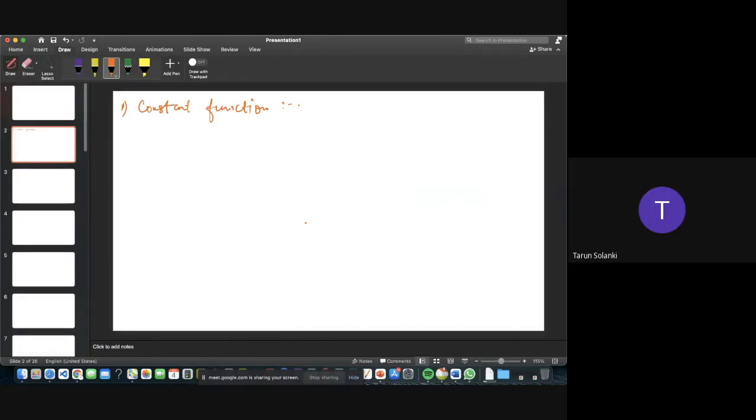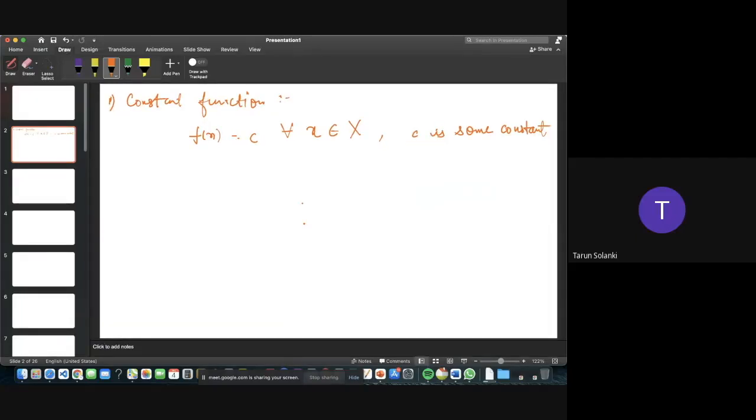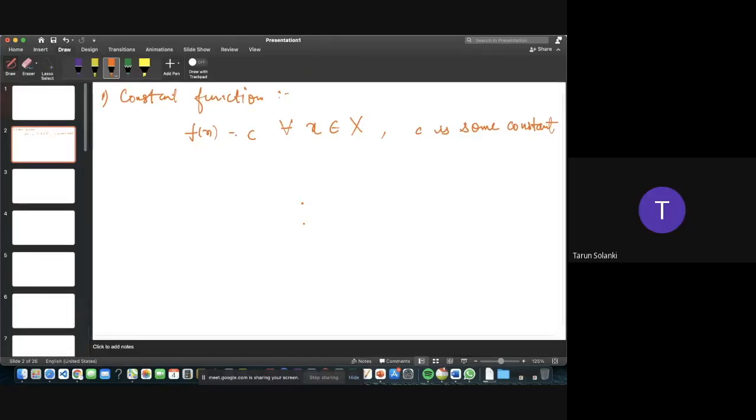So a function f: X to Y is said to be constant function if its range is a singleton set, that is we can say f of x is equal to c, where x belongs to X and c is some constant, right? C is some constant.